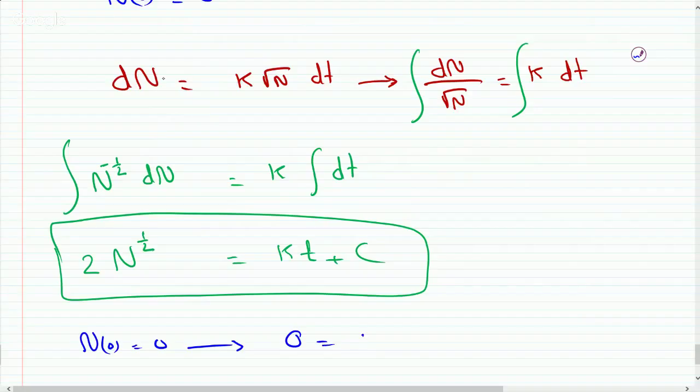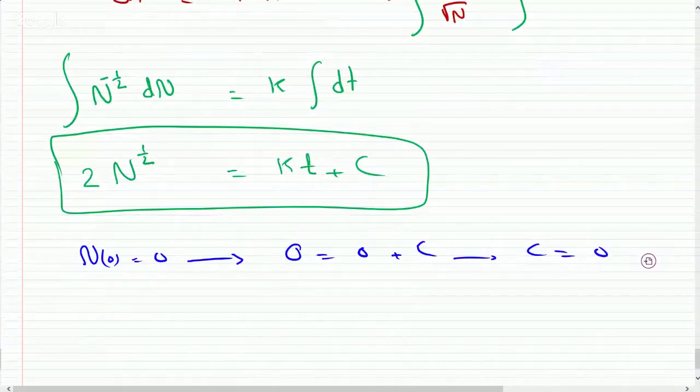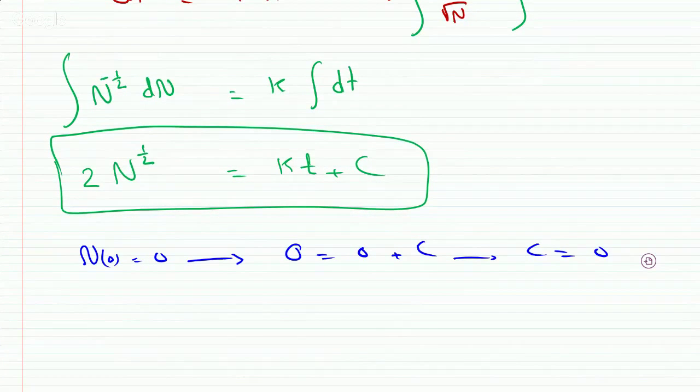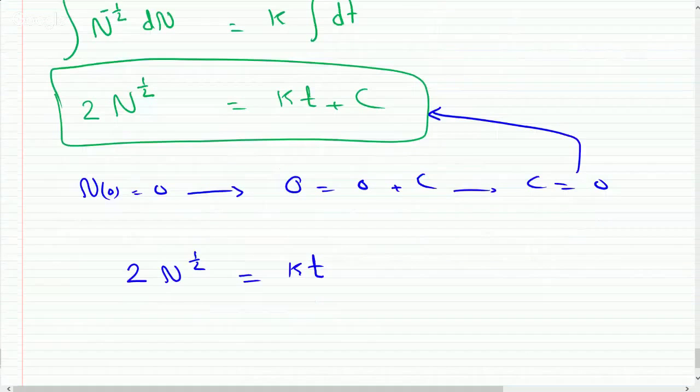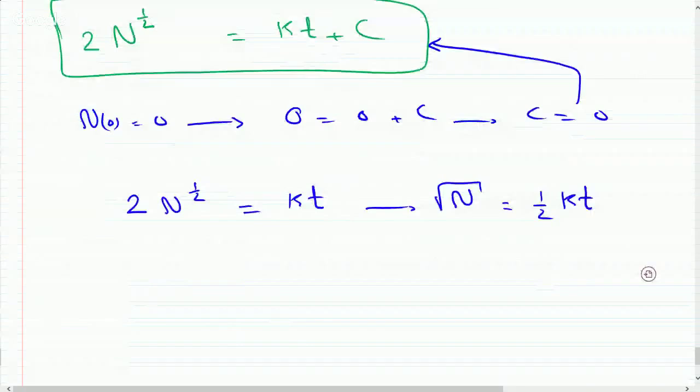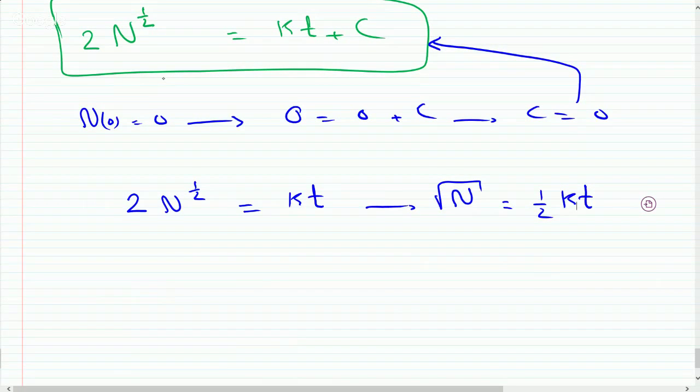So we get 0 equals 0 plus c, and we simply get c equals 0. Plug it back in, we get 2n to the half equals kt. Divide by 2, and we get square root n equals 1/2 kt. If we square both sides, we get n equals 1/4 k squared t squared.